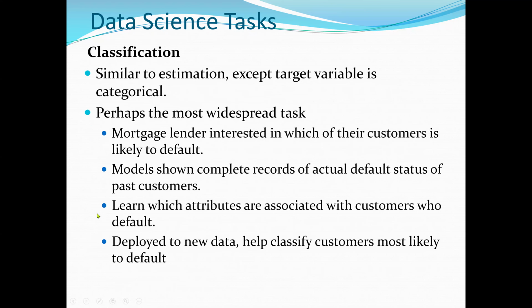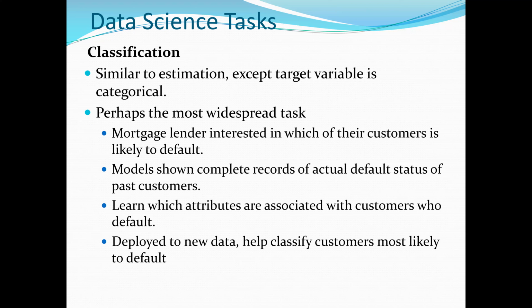So the next is classification. Classification is similar to estimation, except that the target variable is categorical. So with classification, we use either categorical or nominal values. There's a disease, yes or no. There's a condition, true or false. Again, we are using nominal data.